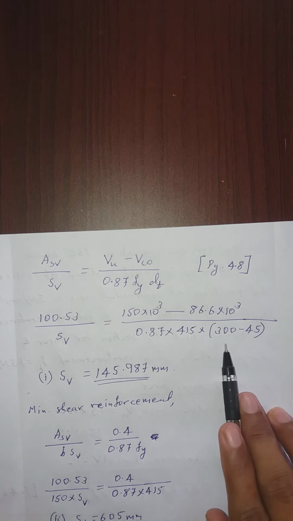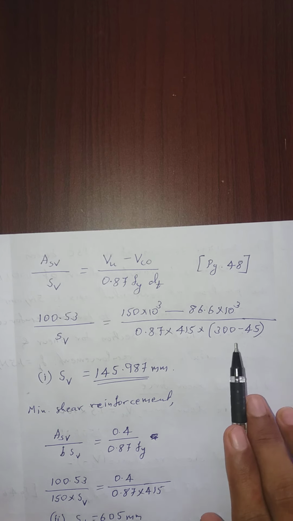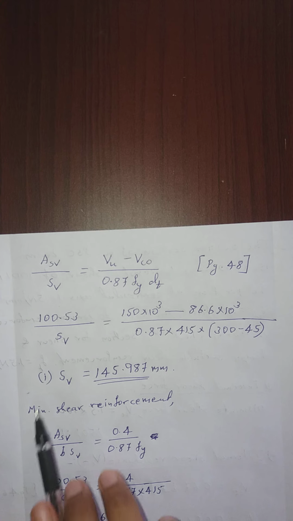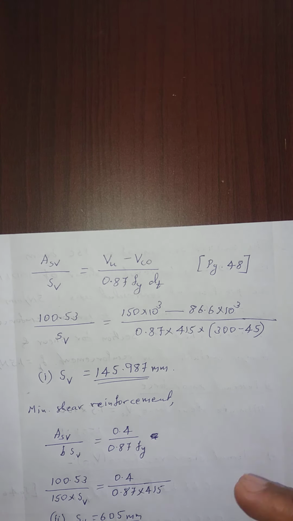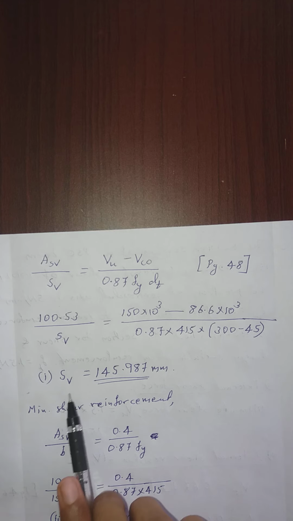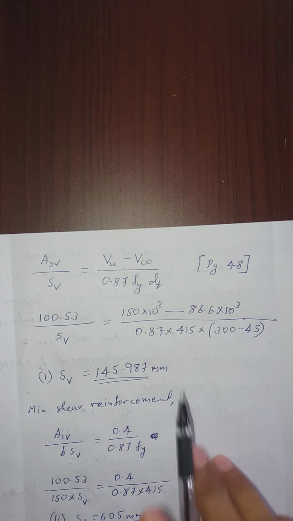Cover is given as 45 mm, so I deduct that. You have to consider 3 cases here. In the first case you will be getting SV equal to 145.987 mm.